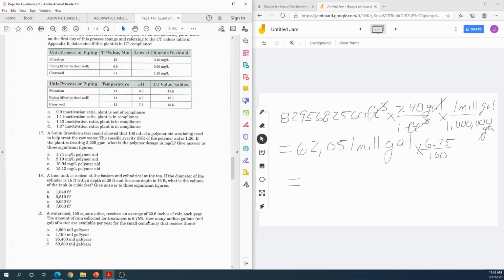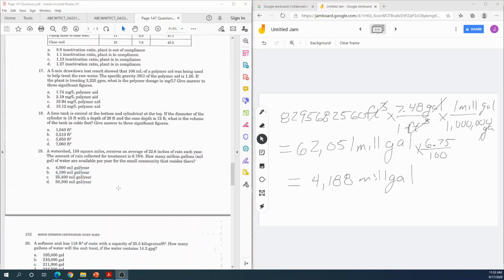We get 4,188 million gallons, which we're going to round up to be 4,190 million gallons. Okay, let's jump down and take a look at problem number 20.